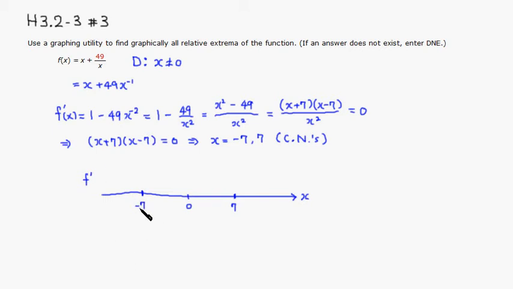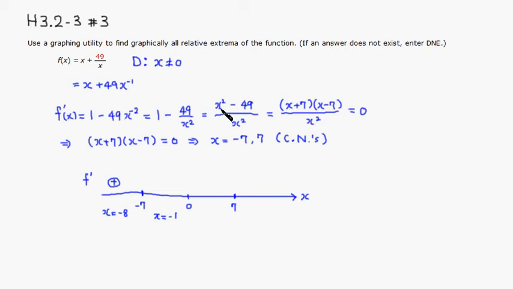So for anything less than negative 7, I'll try negative 8. If you plug in negative 8, negative 8 squared is 64 minus 49, so that's positive, over x squared, which is always positive, so positive divided by positive is positive here. Between negative 7 and 0, I like negative 1 as a sample number.